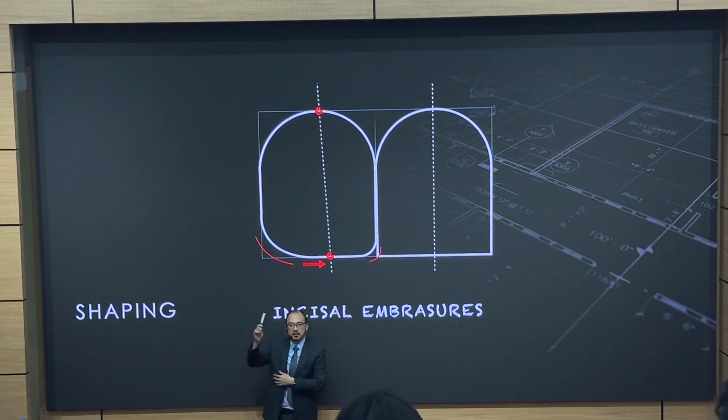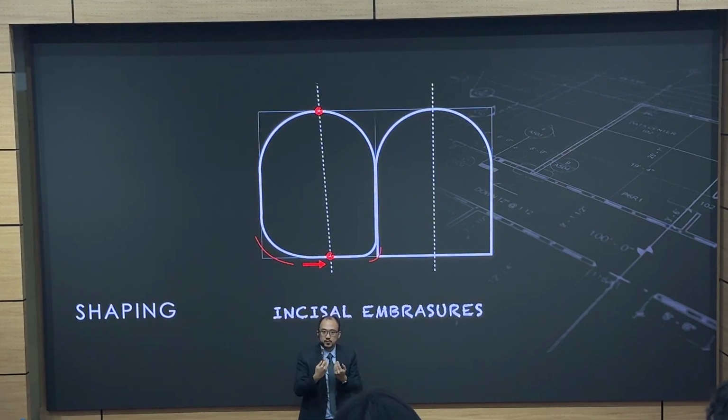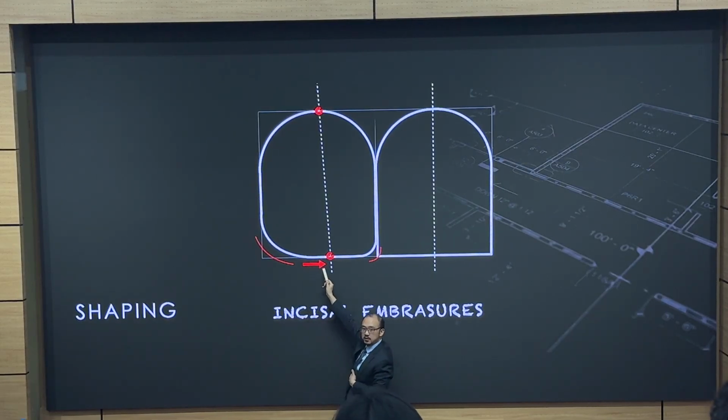The embrasures are basically the curvatures around the angles of the tooth. And this is the reason why when you look at a perfect smile, this part is more curved than that part. And by doing so, I'm shifting the midline from here to there. And therefore, giving the patient the illusion that the teeth are angled slightly inwards.